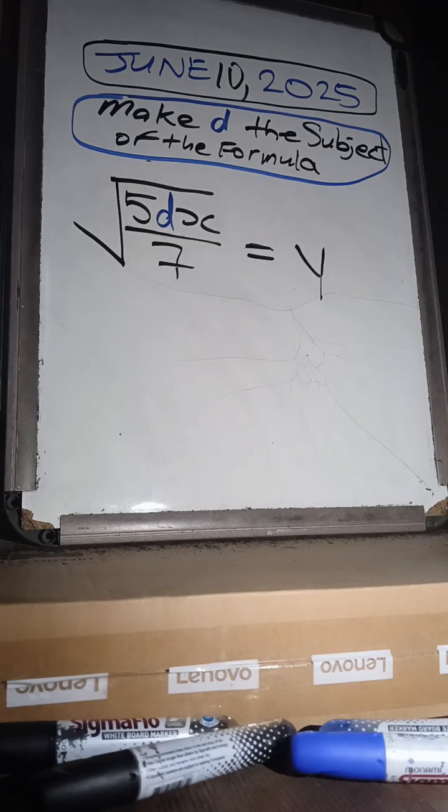When you want to get rid of a square root, you're going to square. So you're going to square the left and the right.